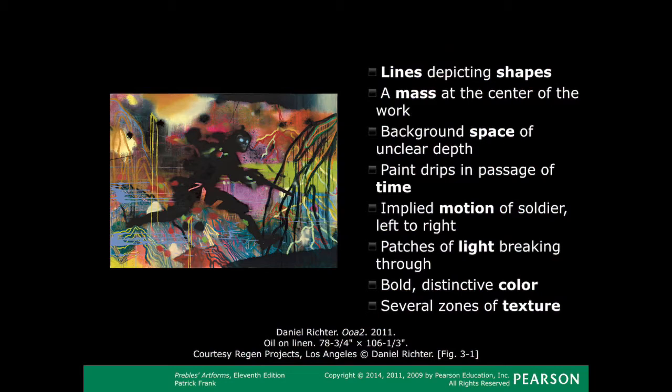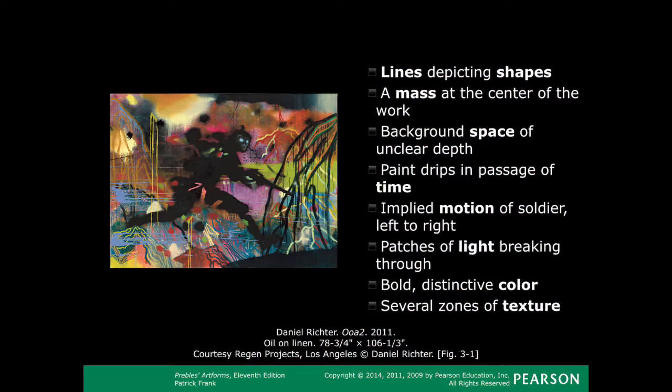If you look at the painting that we have here, the background has many different colors, and that is portraying a sense of depth that isn't exactly clear. When it comes to the visual elements, we are going to talk about time. So we are looking at examples of that in this painting again, especially with how the drips are appearing.